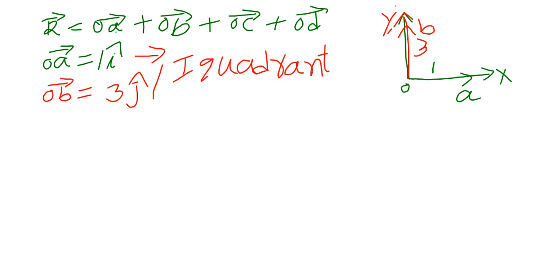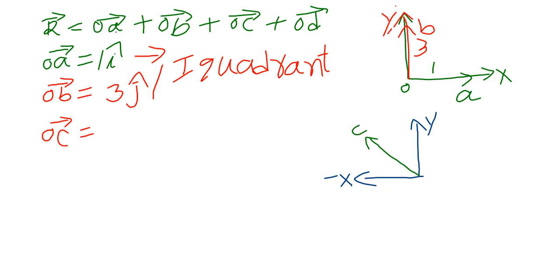Next OC bar. Vector C bar is making an angle of 37 degrees with the negative x-axis and its length is 5 centimeters.